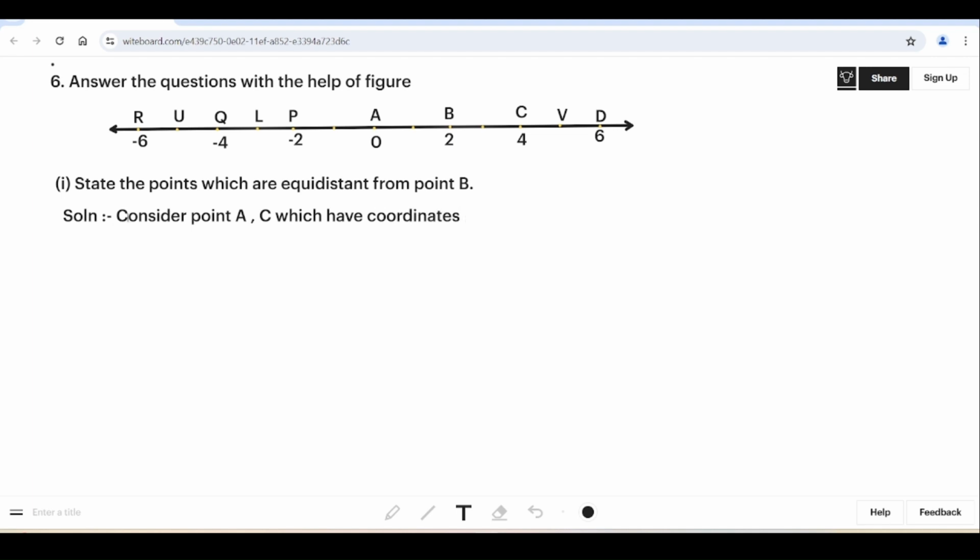Now A has coordinate 0 and C has coordinate 4 respectively. Okay, right. Now we know the coordinates of A is 0 and C is 4. Now we will calculate the lengths AB and BC. Okay.